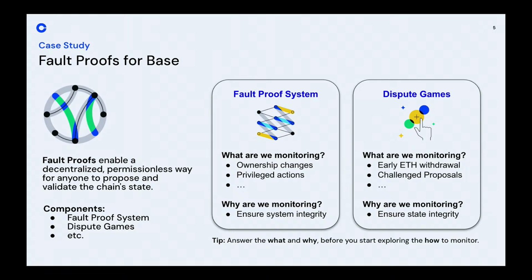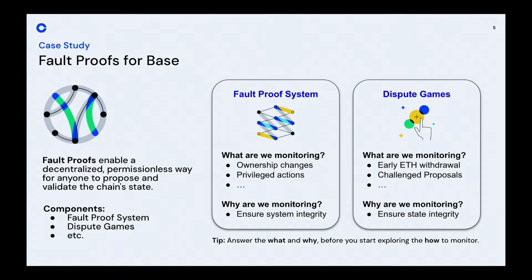On the dispute games, we are looking for more nuanced invariants, such as early ETH withdrawal and challenge proposal. With early ETH withdrawal, when the participants of a dispute game play the game, they deposit some ETH amount, and we want to make sure that those ETHs are not withdrawn before the predefined time is met. If they are, something is wrong, and we have to act on it.